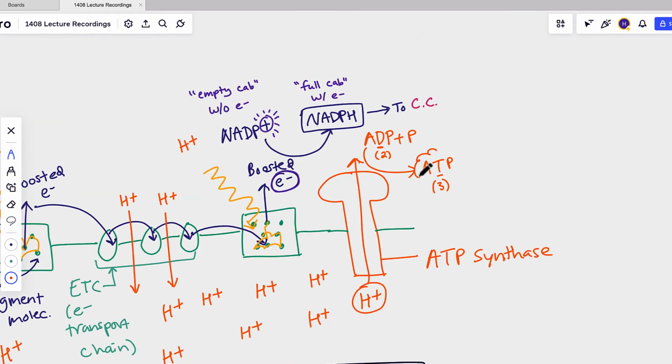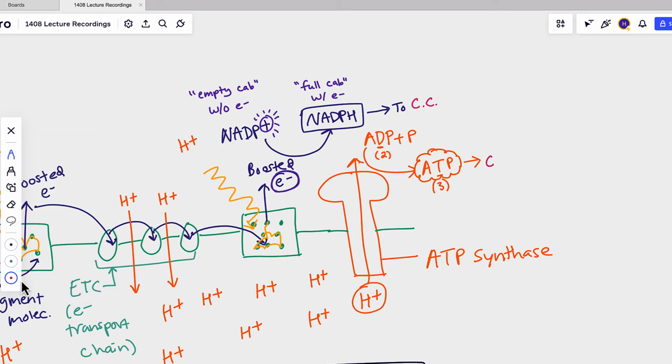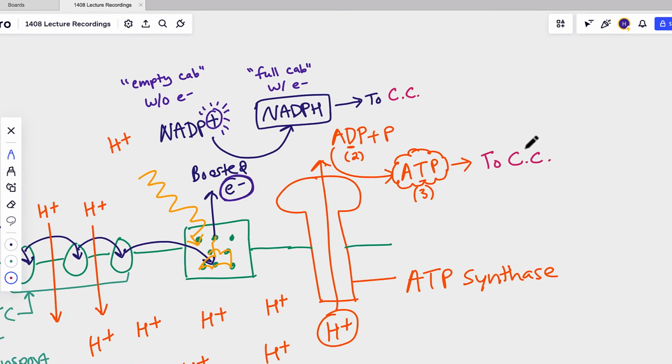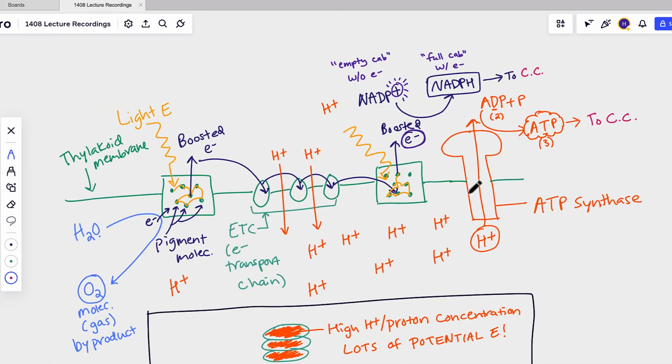Remember, this is a very high energy molecule, ATP. So that's good, and we can send that to the Calvin cycle so it can be used for building the carbon compound, the sugar, the organic molecule, however you want to say it. So there's our 2 products, ATP and NADPH.